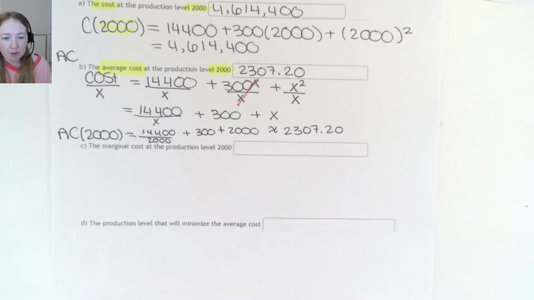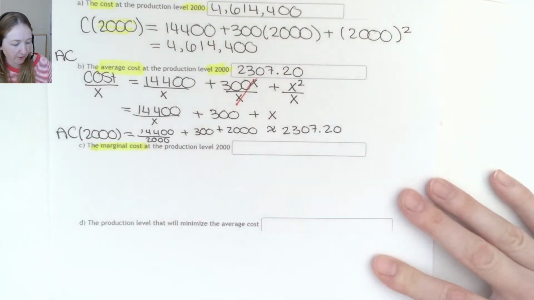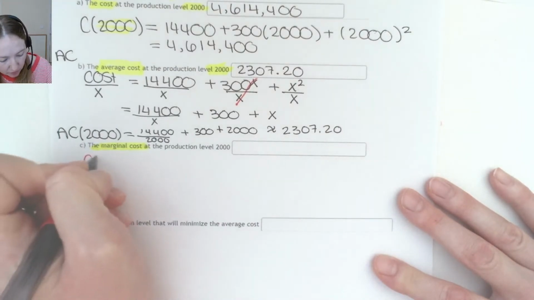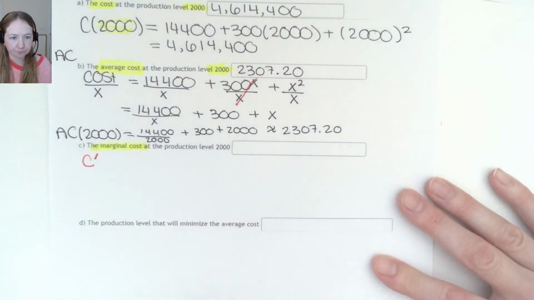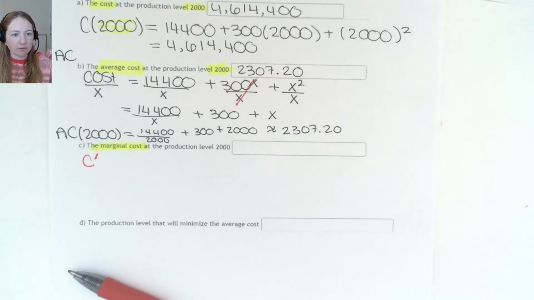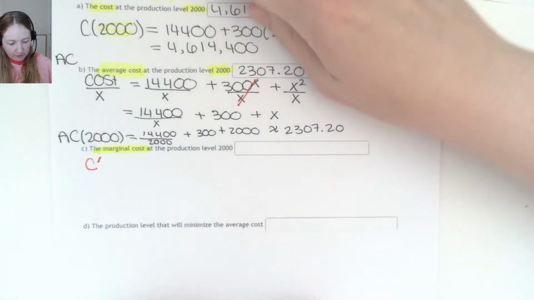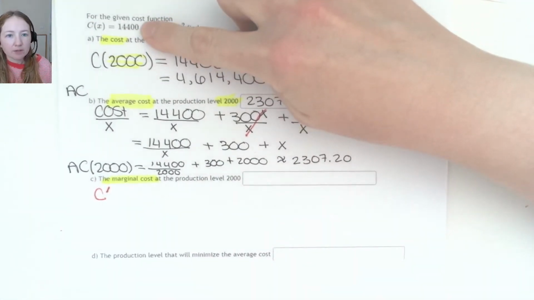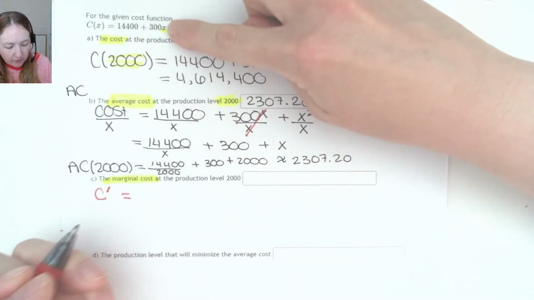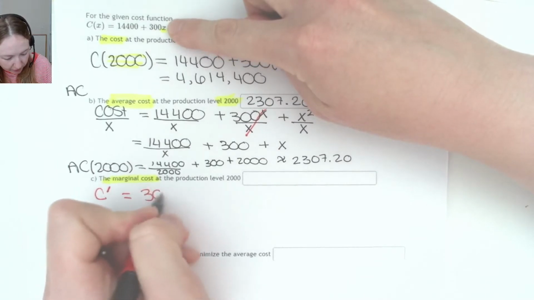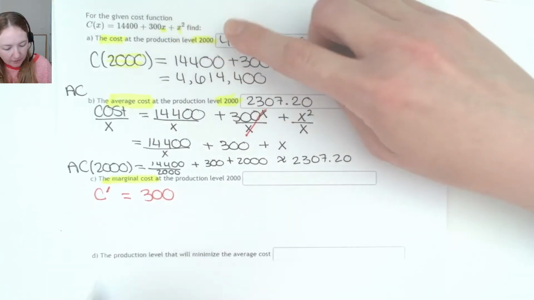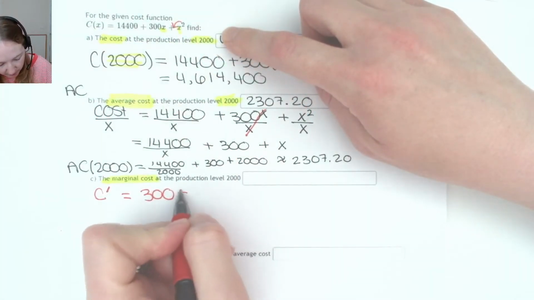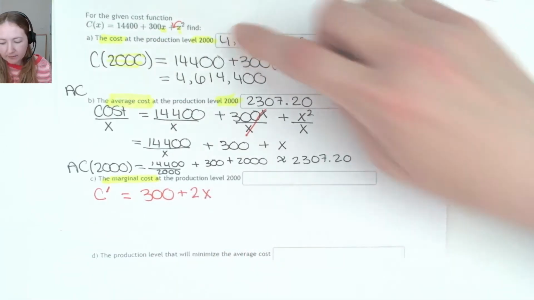Now, the next part is what is the marginal cost? And we know that the marginal cost is where we start talking about the derivative. So marginal cost will be C prime. So we'll go up here and we will take the derivative of the cost function. The 14,400 is a standalone constant, so that goes to 0. The 300x is a linear term, so we go to the coefficient, and then the x squared becomes a plus 2x.